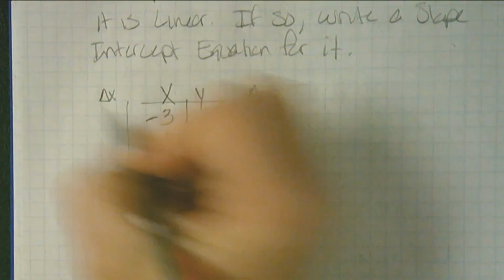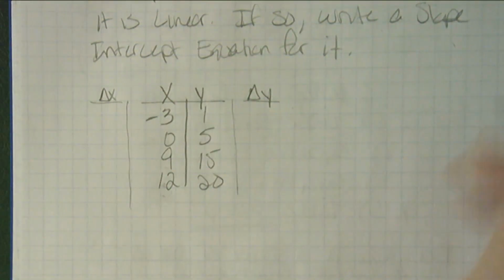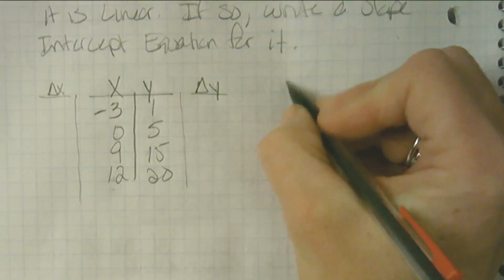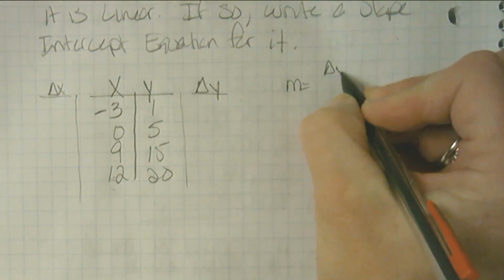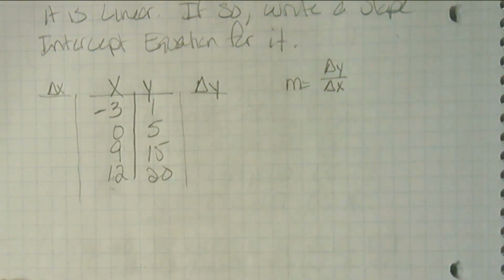So you're creating two more columns, or you're doing this work off to the side, because eventually we need to find our slope, which is change in y over change in x.